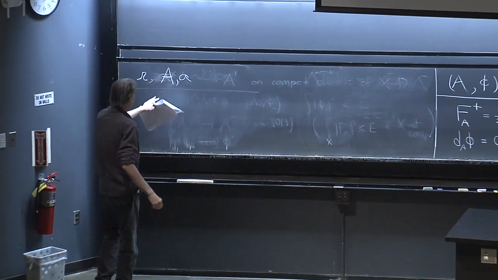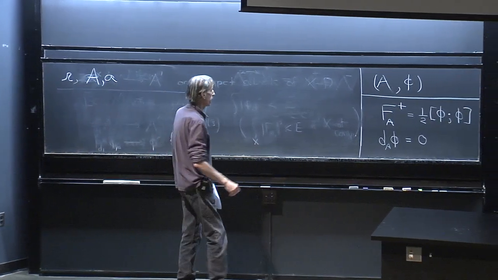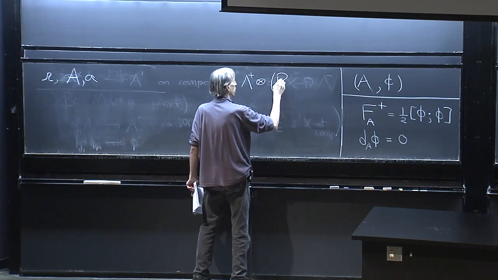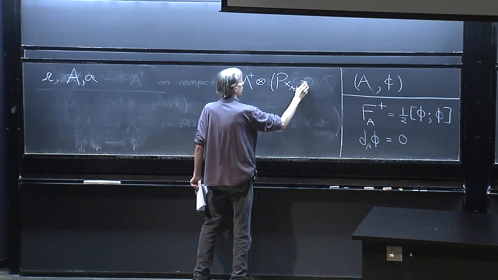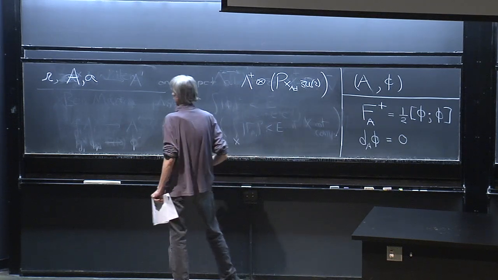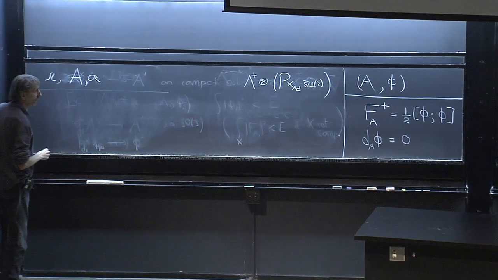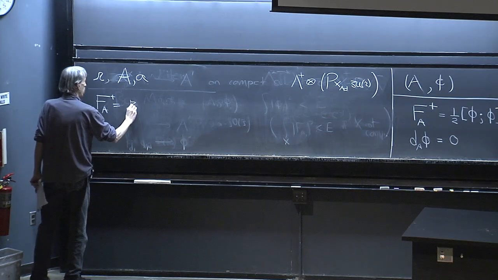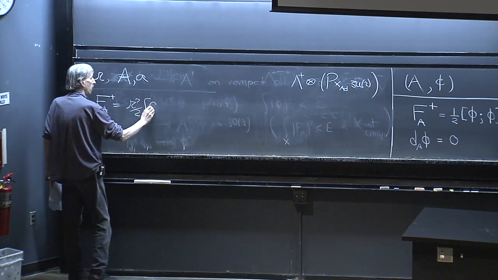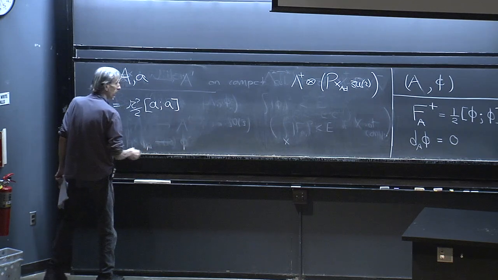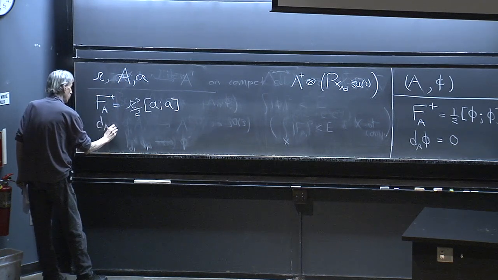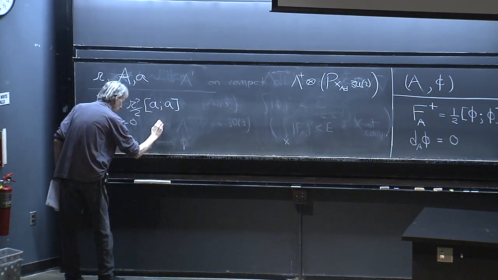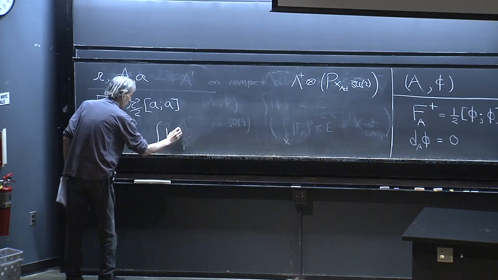Capital A is my same connection. Little a is a section, again a self-dual two-form with values in this adjoint bundle. The equations I want these to satisfy are: the self-dual part of F_A is equal to r squared over 2 times the bracket of a with a, the exterior derivative of a is 0, and a third part which says that the integral over X of |a| squared is equal to 1.